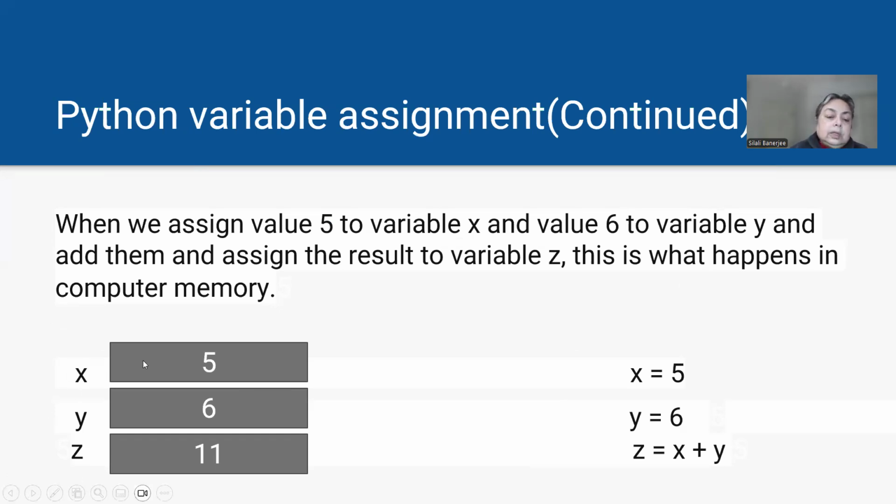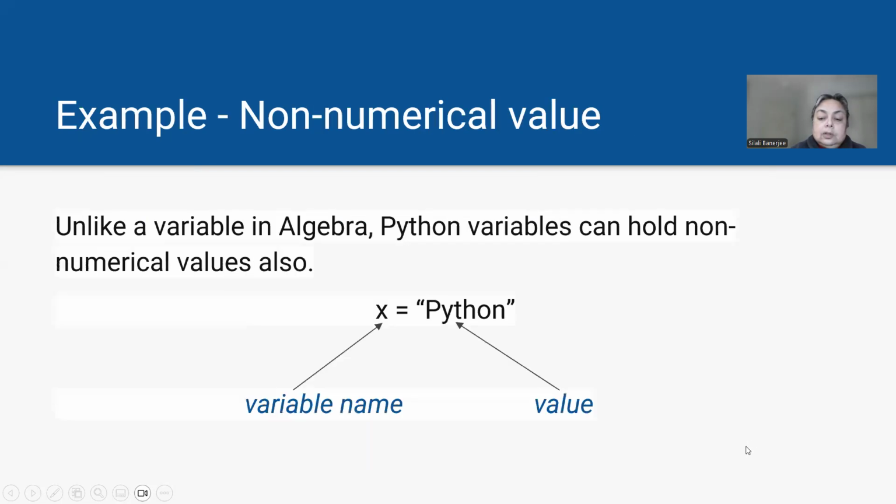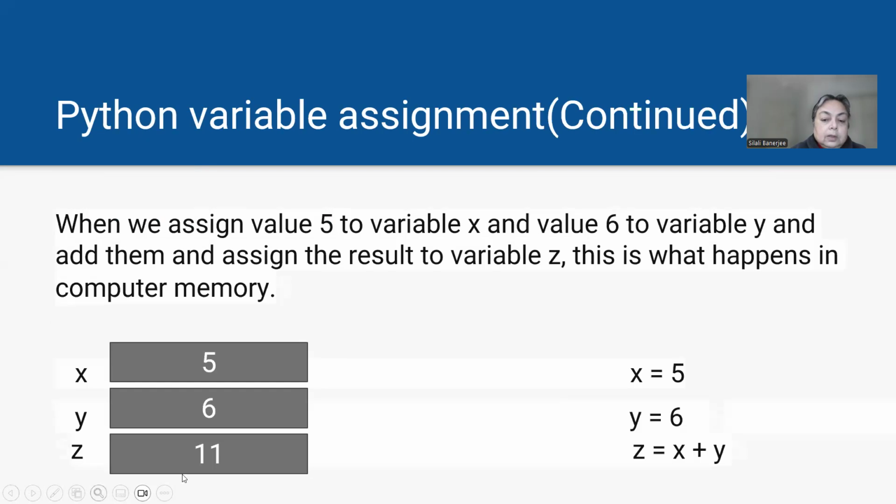So you can assign 5 to x, 6 to y. And if you say z equals x plus y, the number that you get by adding x and y will be stored here. Now, if you change x to 2 and y to 3, then these values will change, but this equation here remains what it is.